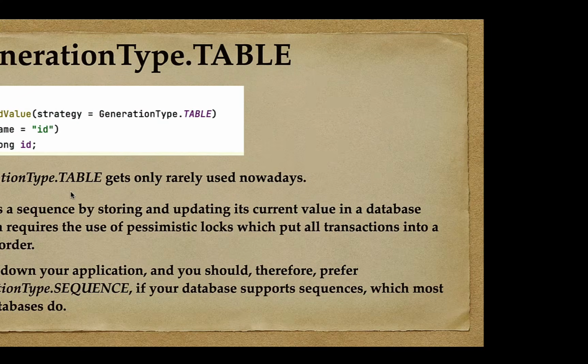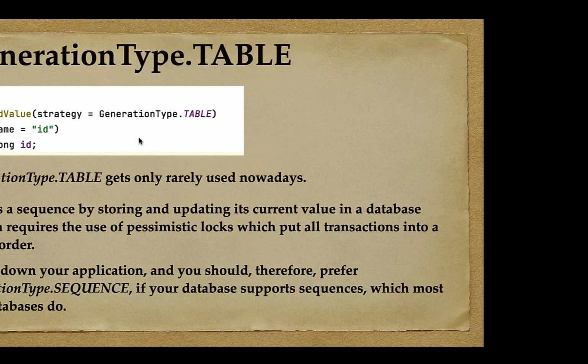Let's take a look into the next primary key generation strategy, that is table. Well, this primary key generation strategy is rarely used nowadays because it simulates a sequence by storing and updating its current value in the database table, which requires the use of pessimistic locks, which puts all the transactions into a sequential order, and this will basically slow down your application, and you should therefore prefer using sequence as your primary key generation strategy.